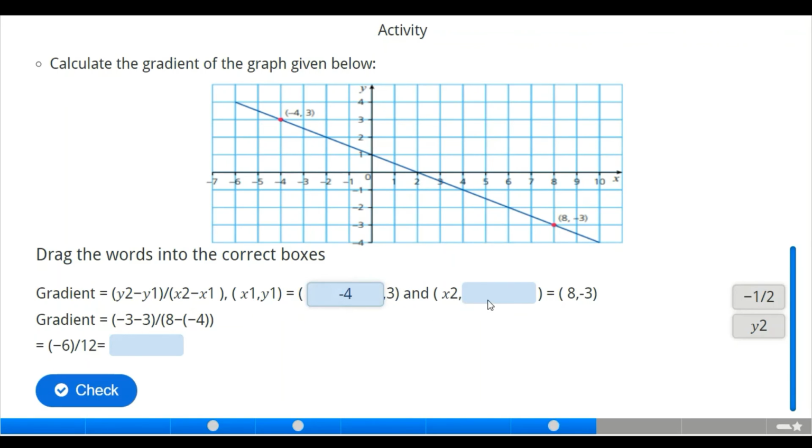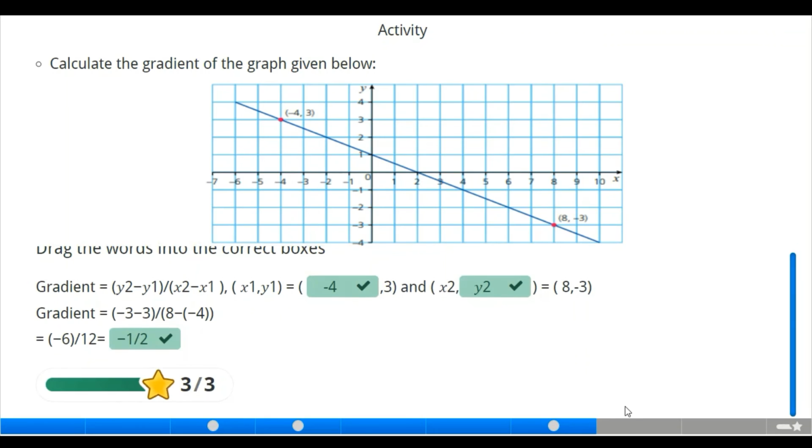And for x2, y2 we have 8 and minus 3. Now based on that formula, minus 3 minus 3 divided by 8 minus minus 4, which is minus 6 divided by 12. 6 can go in 12 two times. So we have minus 1 over 2 as our answer.